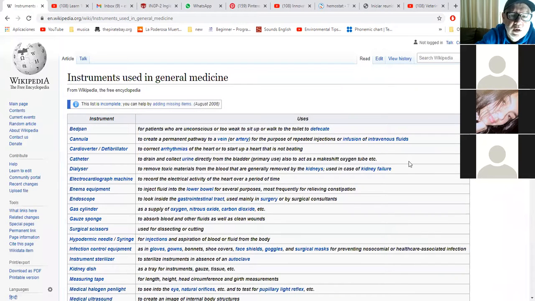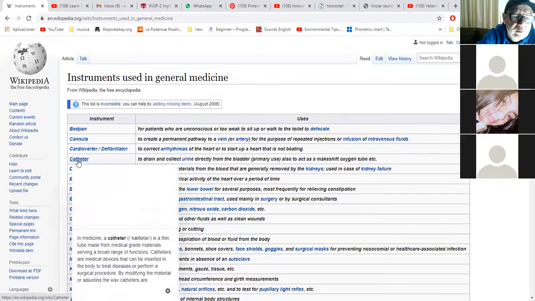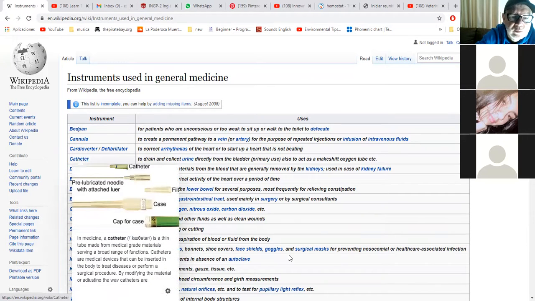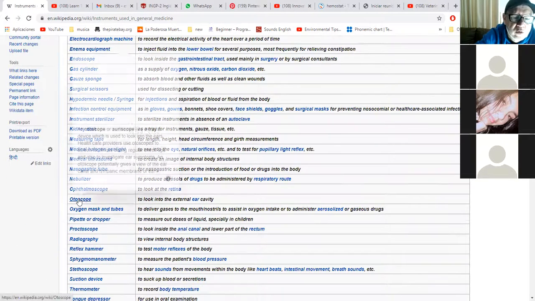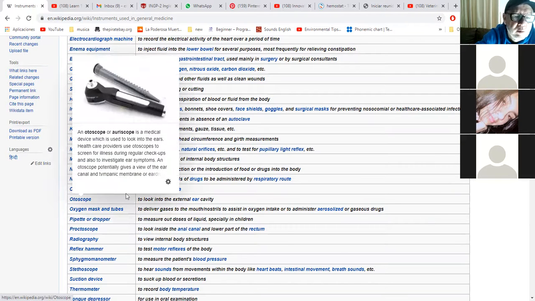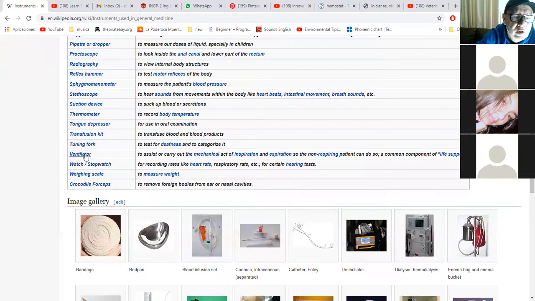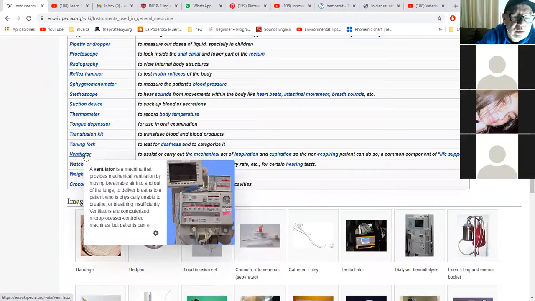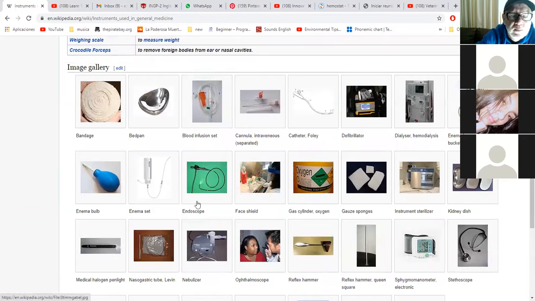Bedpan, for example, a little definition. Catheter, a catheter. Otoscope, some of them repeat, some others are new. Ventilator. So information and then the picture so you can practice, right?